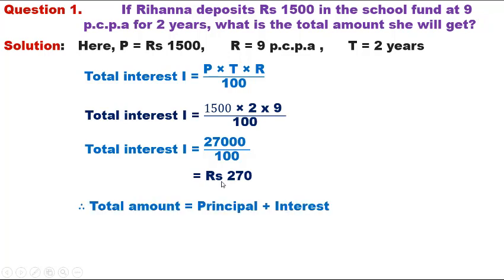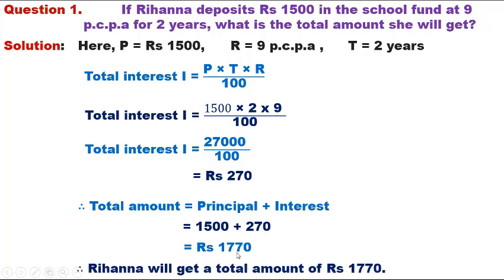Total interest is equal to 270. Total amount is equal to principal plus interest. Principal 1500 plus 270 is equal to 1770. Therefore, Rihanna will get a total amount of 1770 rupees.